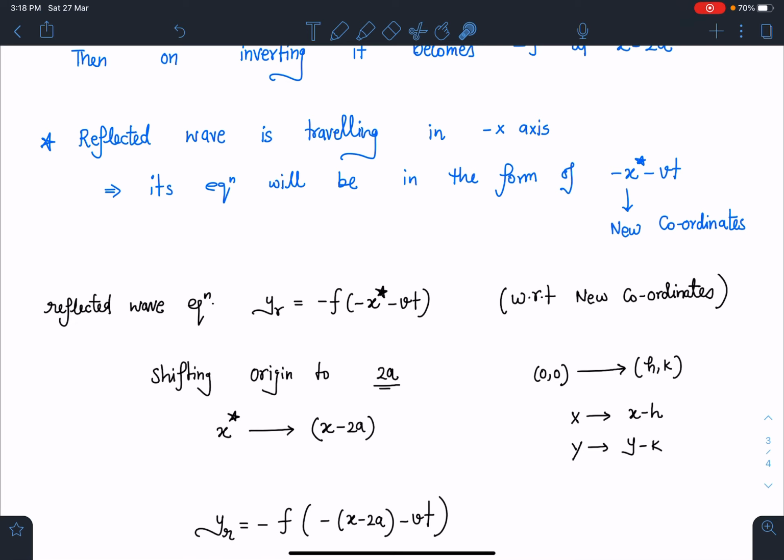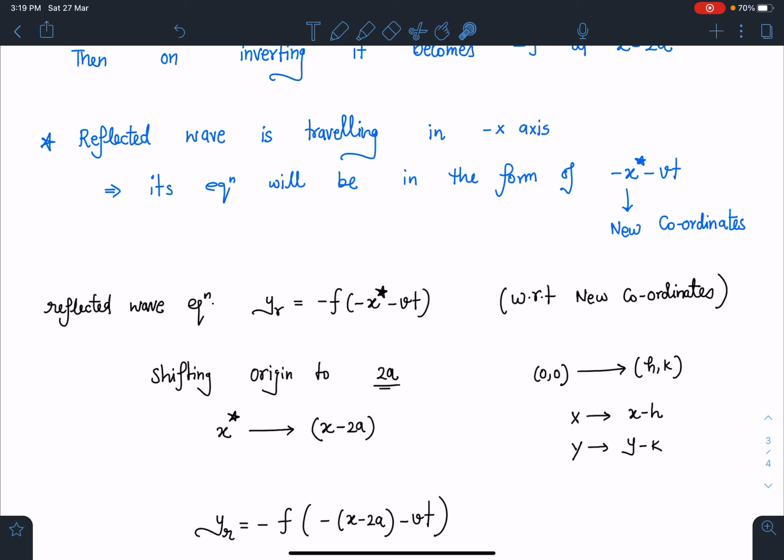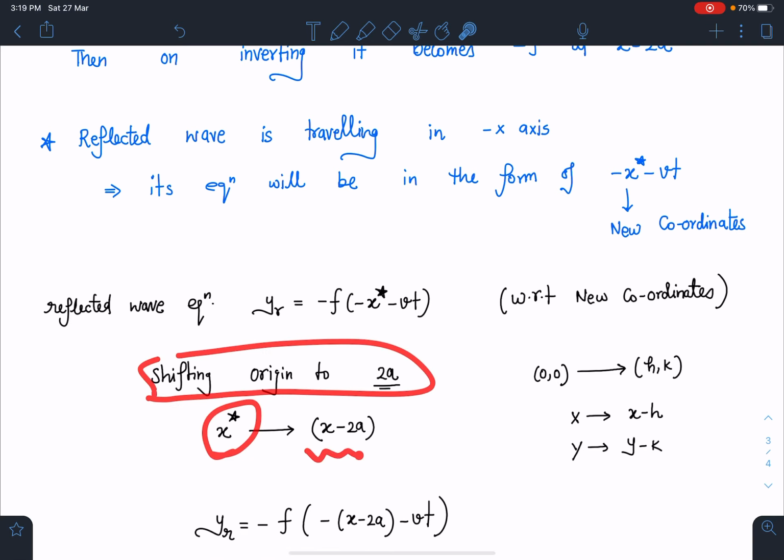Now I want to shift the origin from (0, 0) to (2a, 0). If we shift the origin from (0, 0) to (h, k), x will be replaced by x minus h and the new y coordinate will be replaced by y minus k. So I am shifting the origin to 2a. So x star I can replace with x minus 2a with respect to the old origin.